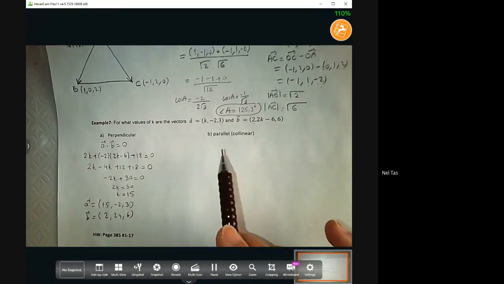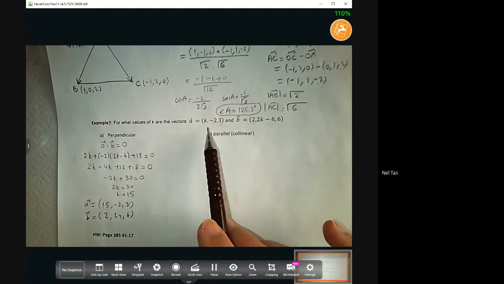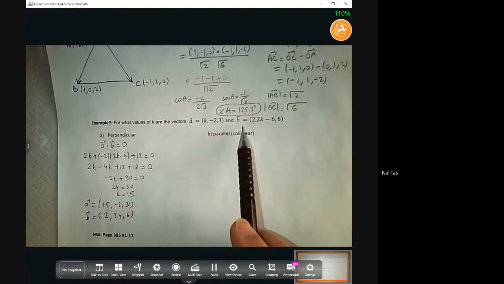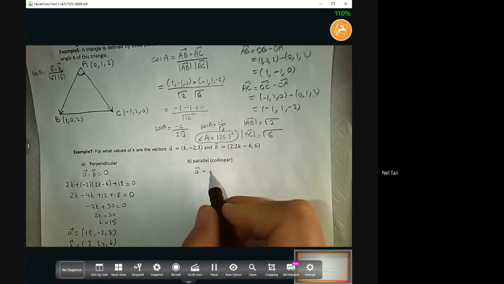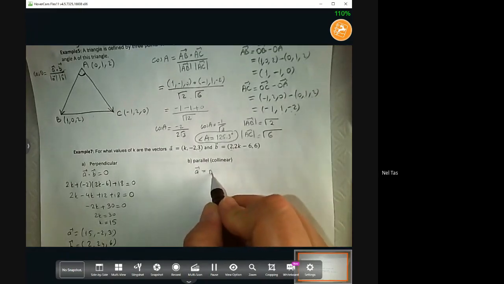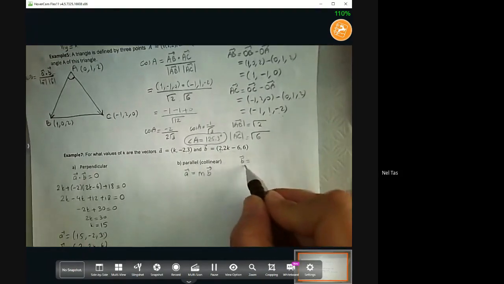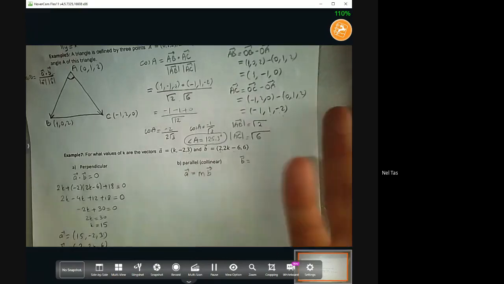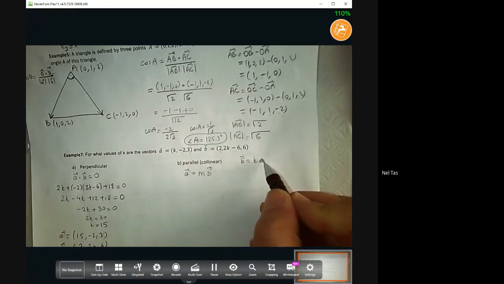If they are parallel, we looked at it before. If a and b are parallel or collinear, then I should be able to get one of the vectors by multiplying the other one by a scalar. So either I should be able to get a by multiplying b by a constant, let's say that is m, or I should be able to get b by multiplying a by a constant, let's say k times a.